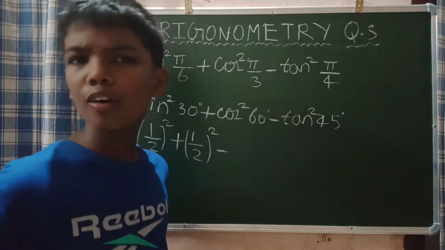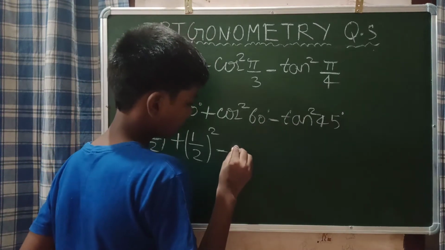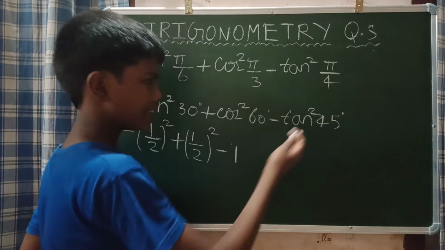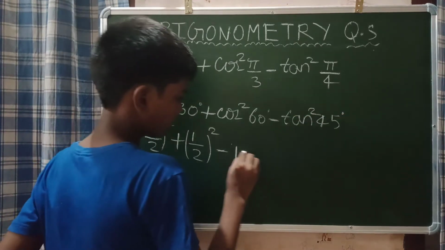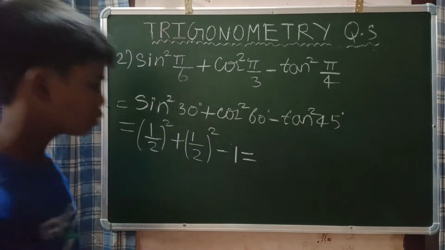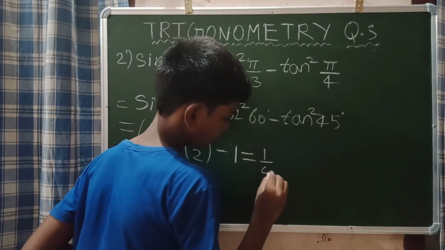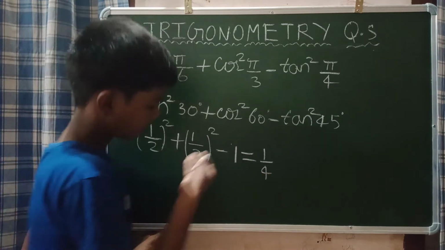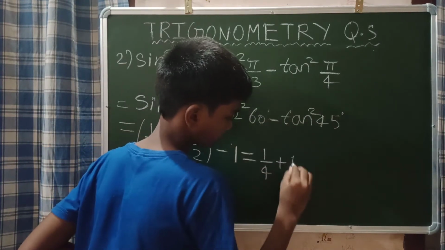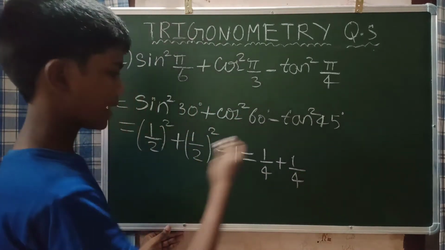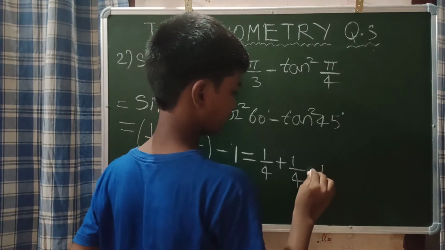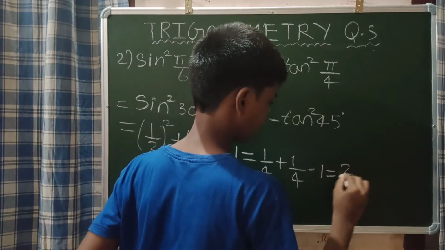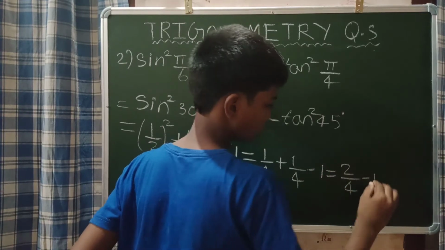We know that the value of tan 45 degree is 1, so 1 square is anyway 1. So I directly wrote it as 1. Now 1 by 2 whole square is 1 by 4, and 1 by 2 whole square is also 1 by 4. Now minus 1. So that is equal to 2 by 4 minus 1.